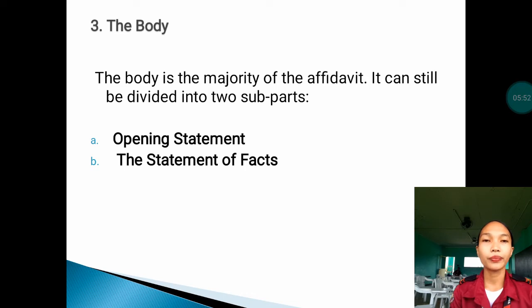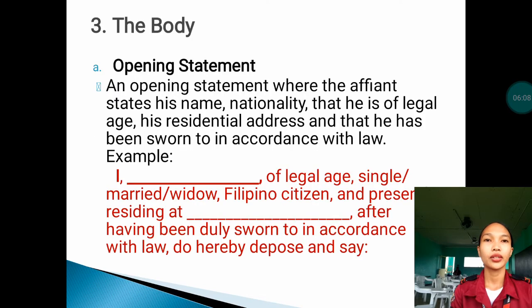Third, the body. The body is the majority of the affidavit. It can still be divided into two subparts: the opening statement and the statement of facts.